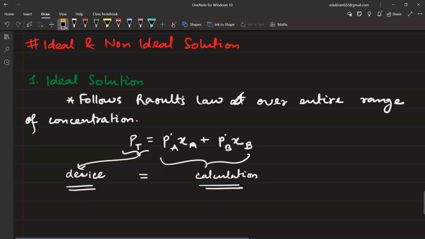That means generally what we say about an ideal solution is that the pressure observed in the device is equal to the pressure calculated by Raoult's law. So P observed is equal to P calculated.